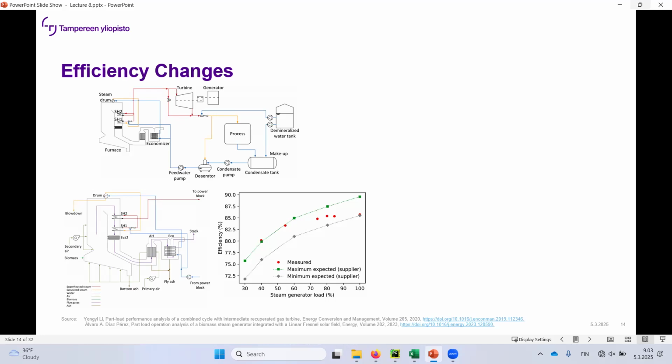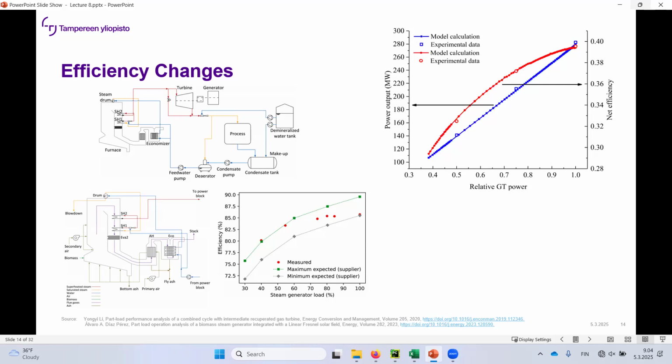So how much heat could be input from the fuel to the steam or the water. So you can see that there's maximum and minimum expected, and the measured was barely somewhere in between. So one point was a bit up. So it's not always as straightforward as looking from the manual that, okay, these are the values. Well, they were, but they weren't that exact.